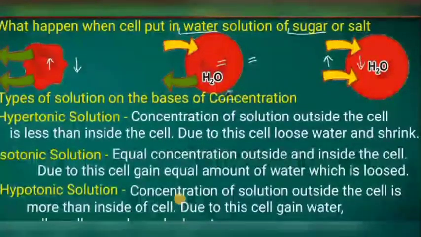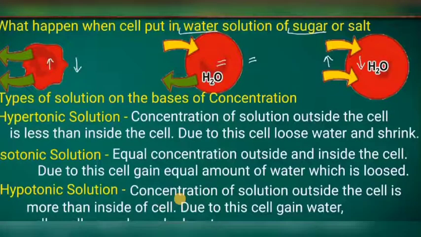First, the hypertonic solution. Here you can see the word hyper. Hyper means high, where the concentration of the solution is high. If the high concentration is present outside the cell, then that kind of solution we consider a hypertonic solution.